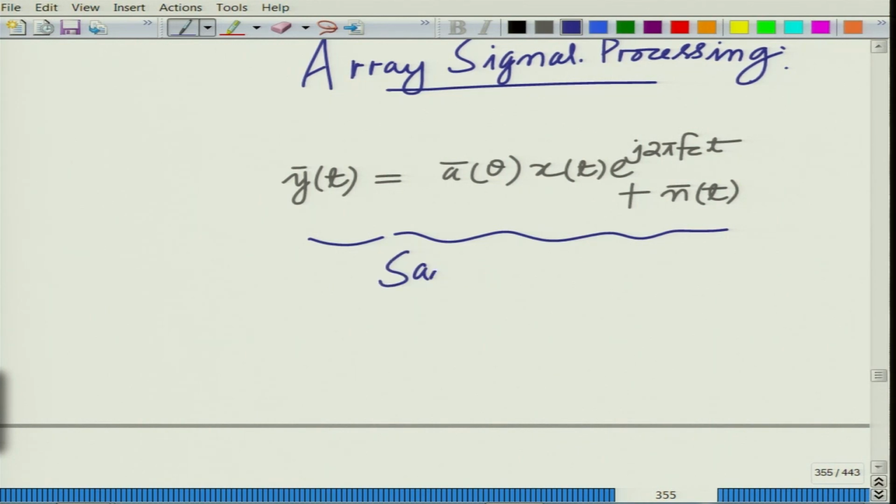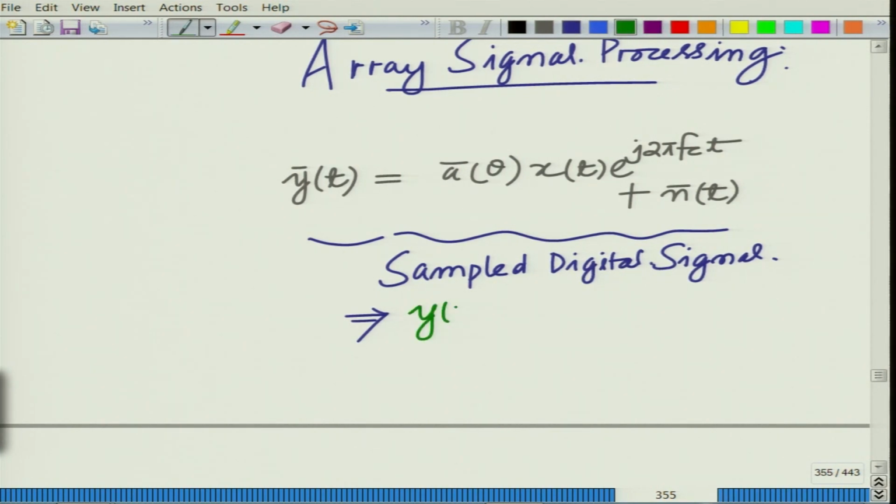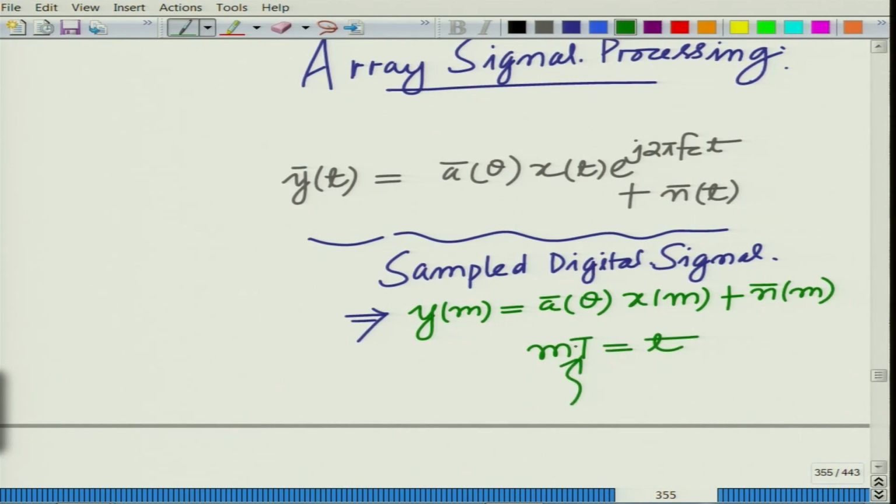Now, once we sample this, the sampled version, the corresponding digital signal can be written as y of m equals a bar theta times x of m plus n bar of m, where you can think of m as the sampling instant mT, at t equals the sampling interval, which is 1 over f s, the sampling frequency.